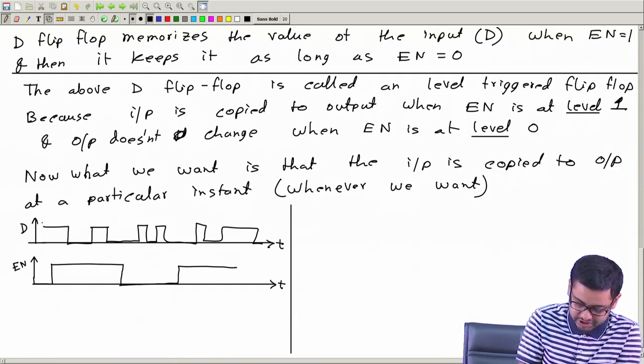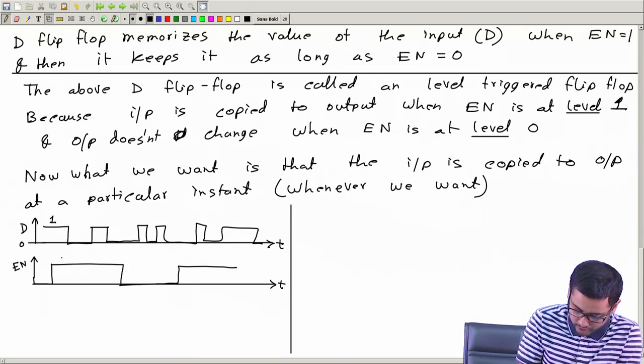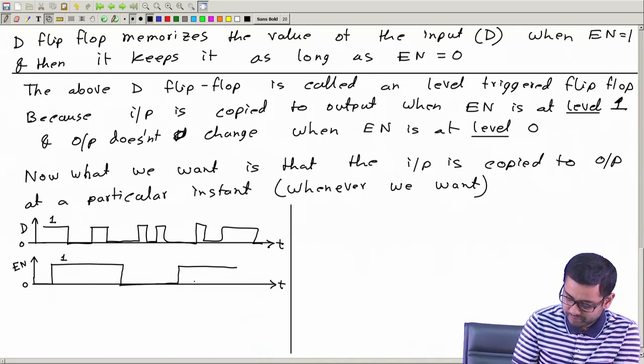This is 1, this is 0, here this is also 1, this height is 0.